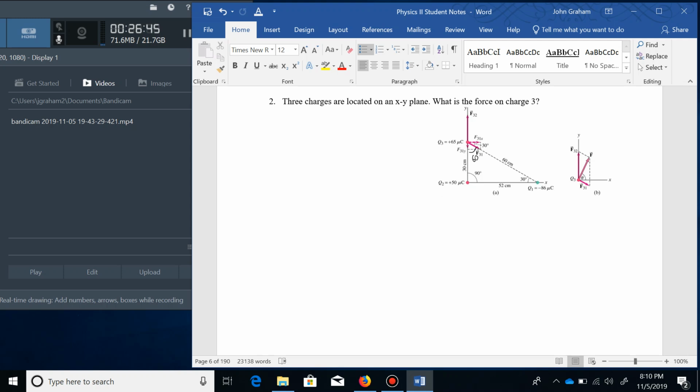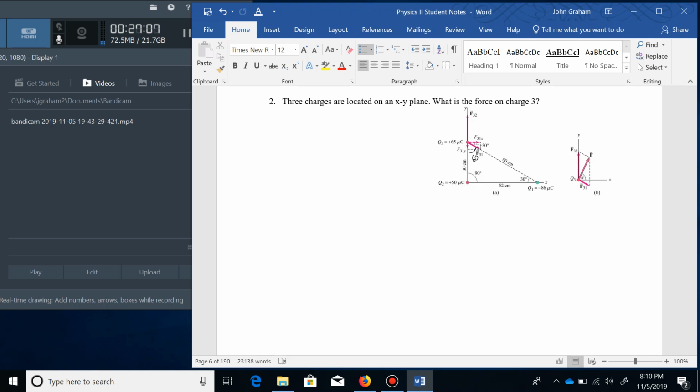Then we have Q2. Q2 is the same sign, so it's going to push it away. And we see that we have an arrow moving away from Q2 on this axis.